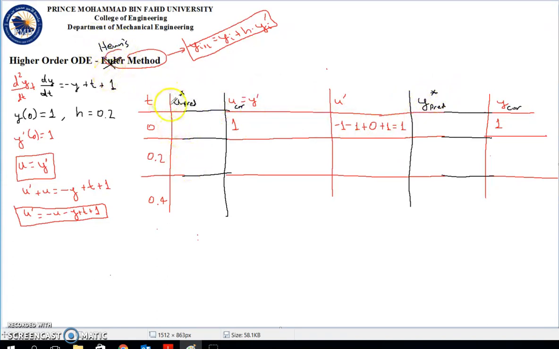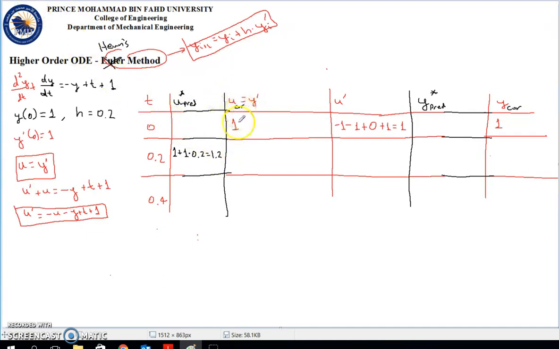So, u star will equal whatever u was before, 1, plus the slope, u prime at the previous time is 1, times the step, which is 0.2, so that equals 1.2.